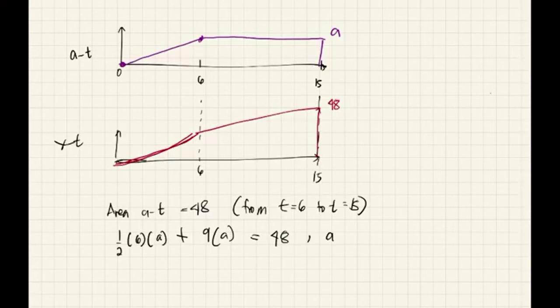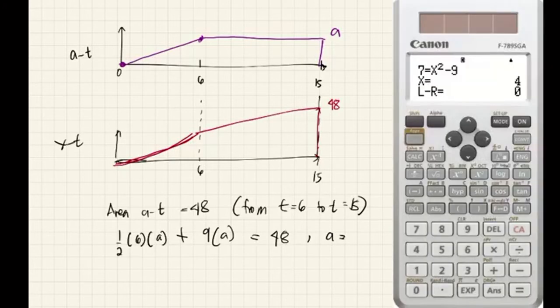So, solving for that constant acceleration attained equals 48 over 1/2 6 plus 9, ay shucks, 4 to 8. 4.